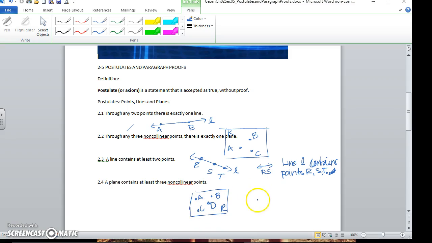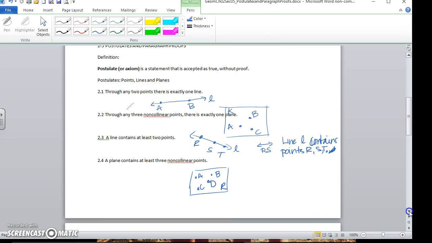You can choose any 3 of those points to name a plane. So points A, B, C, and D lie in plane R. Or we can say plane R contains non-collinear points A, B, C, D.